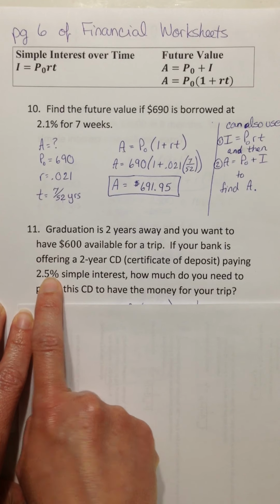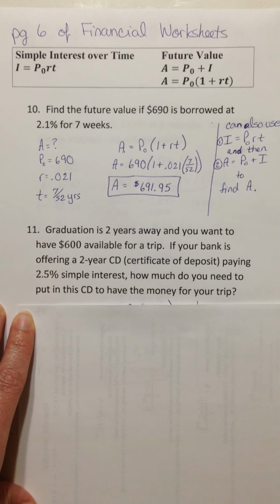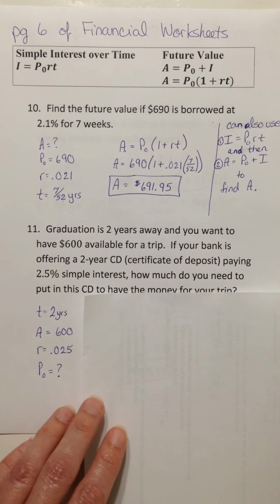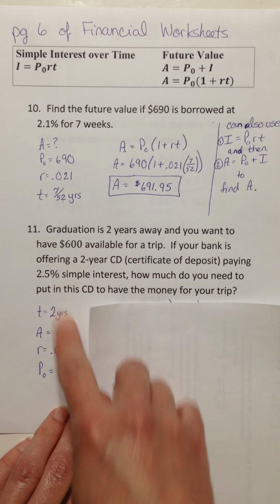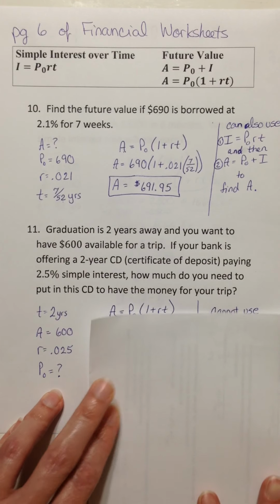So your rate is 2.5. How much do you need to put into the CD? You're looking for the principal. So the future value is the 600. You don't know the principal.